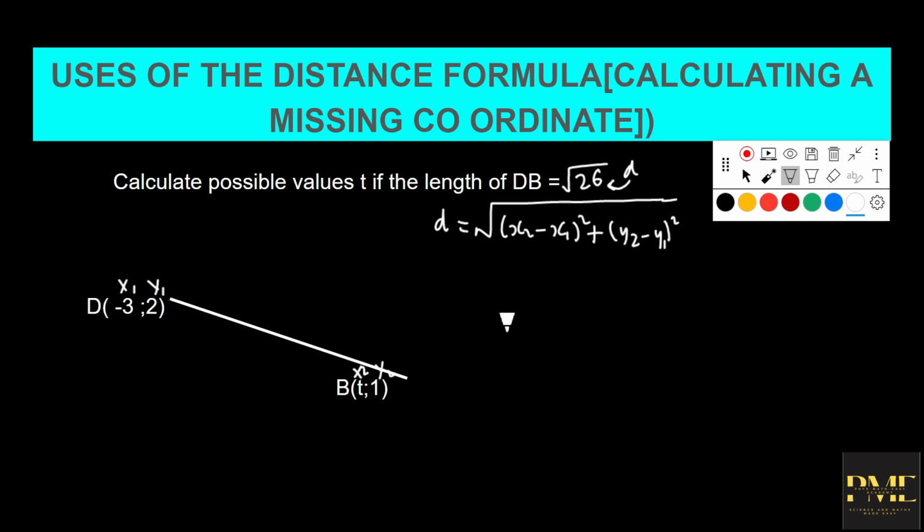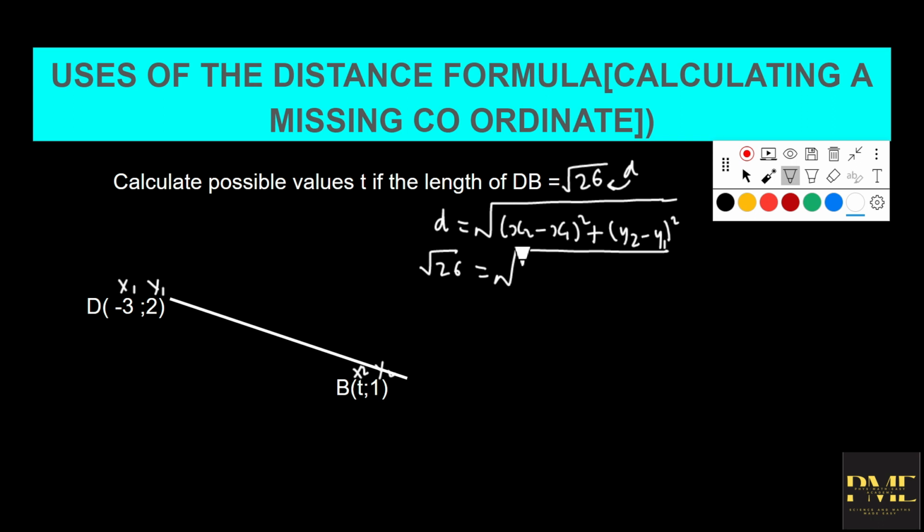26, okay? So if you are given the distance and given the coordinates but one is missing, then where you see the distance, you plug in your distance. So in other words, where we see d, we put in root 26, right? This will be equal to the square root of, and then we fill in everything we have, and what is missing stays, and therefore we are going to be working from there, okay?